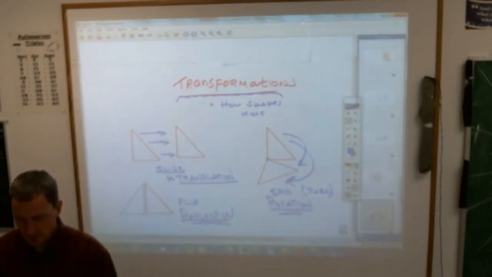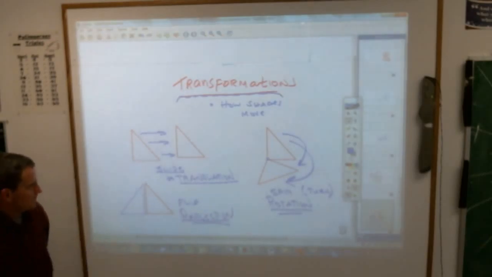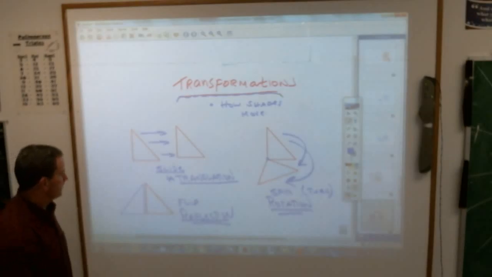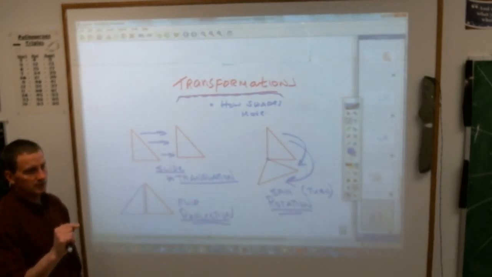How has triangle ABC been transformed to the new spot there, right? Rotation. And if it asked you what would the rotation be, how do we describe rotations? Usually rotations you have to give two things.